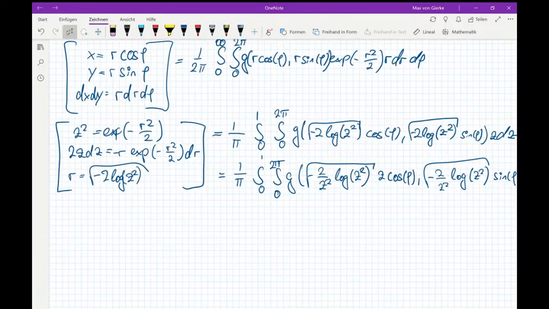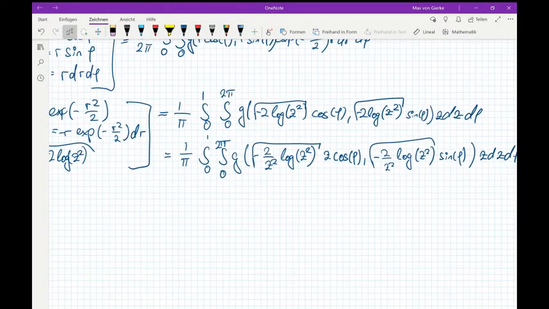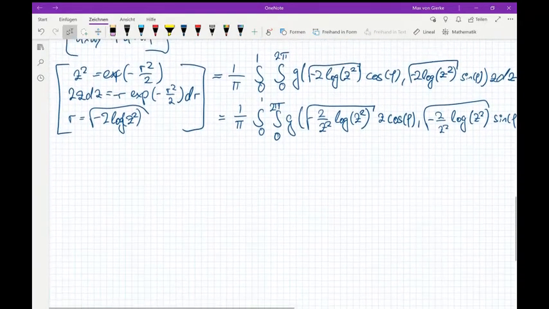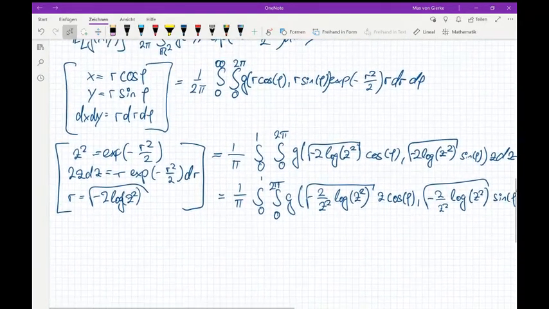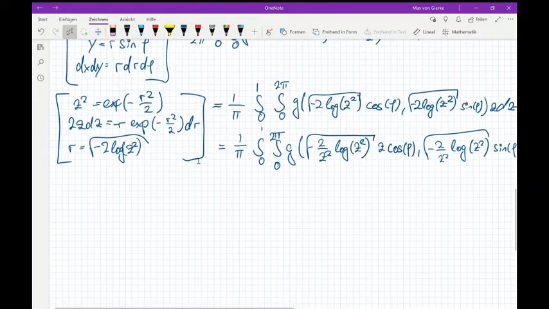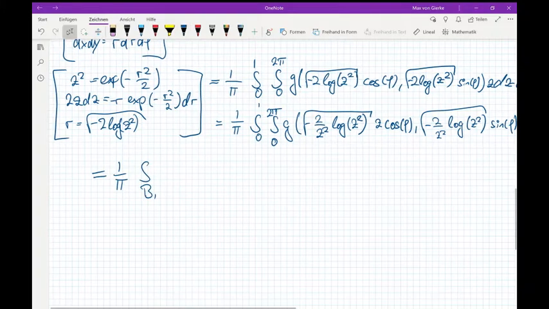Okay, and then we are done with the polar coordinates, and we transform it back to the Cartesian system. So we basically just do this the other way around. And what we get now is, well, let me introduce some new things.